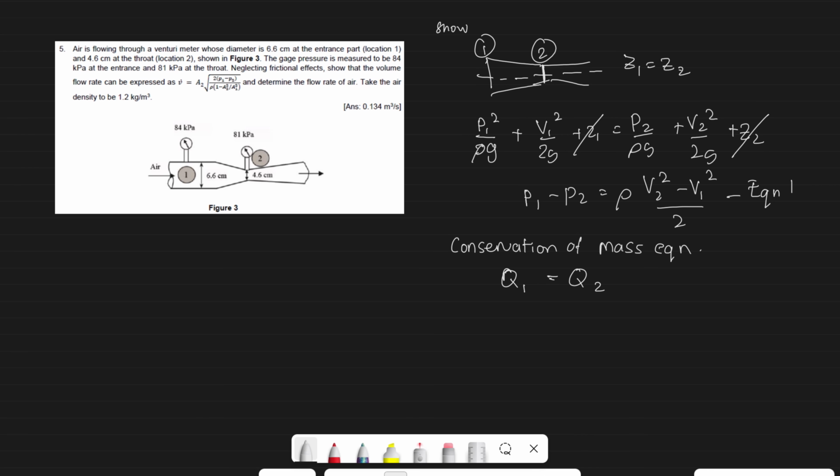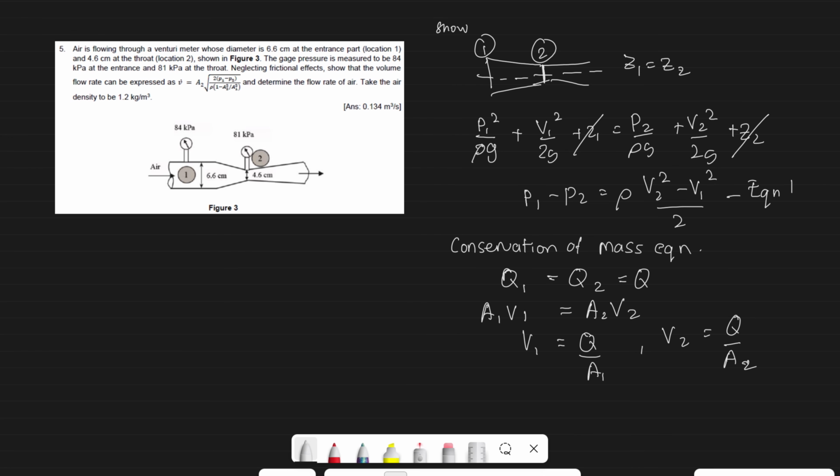And so from here flow rate is A1 times V1 equals A2 times V2. So we get V1 equals Q, so that's the flow rate, same, constant. So V1 is equal to Q over A1 and V2 is equal to Q over A2.